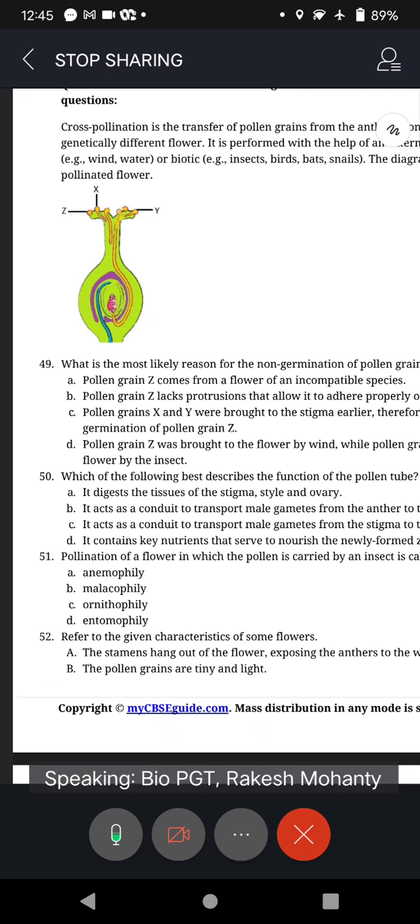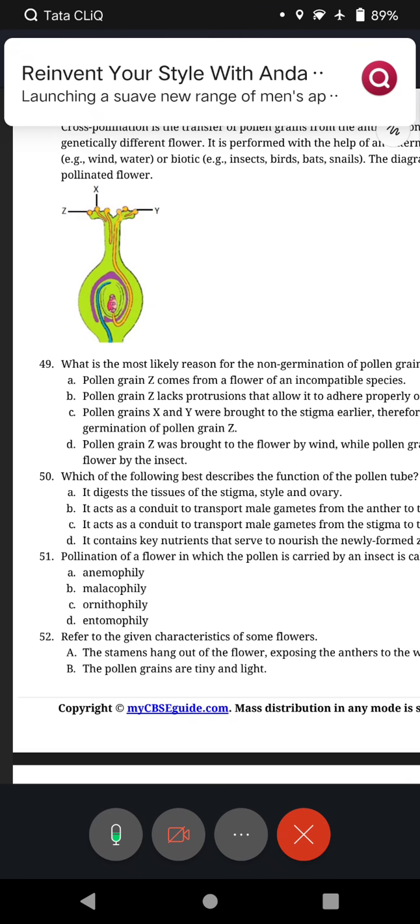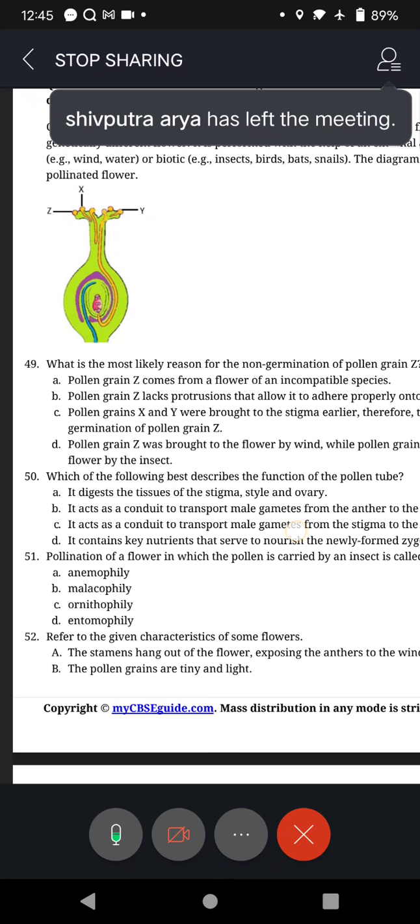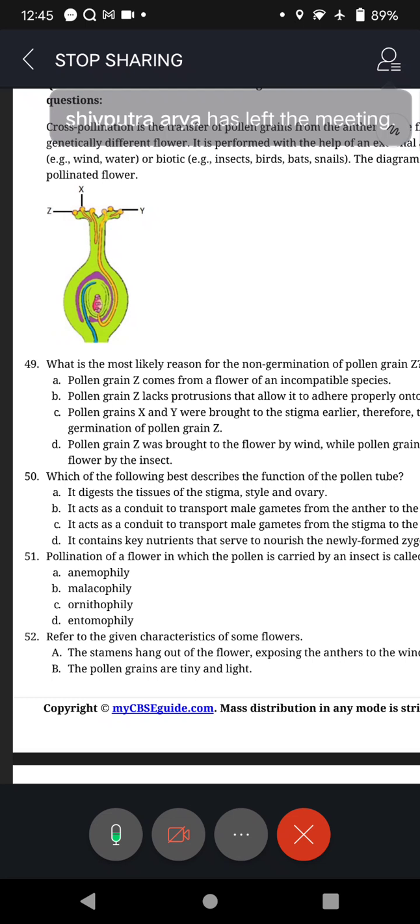So diagram is there, and he is labeling Y, X, Z. What is the question? Question number 49. What is the most likely reason for the non-germination of pollen grain Z? Out of the 3, Z, X and Y.